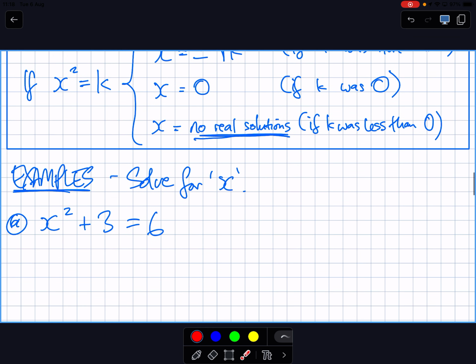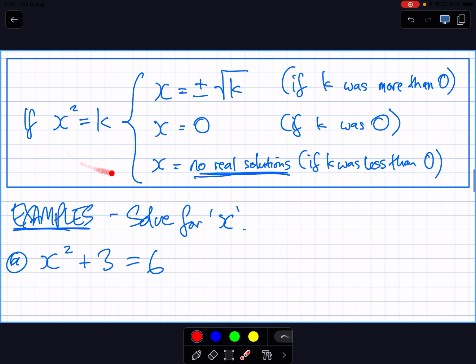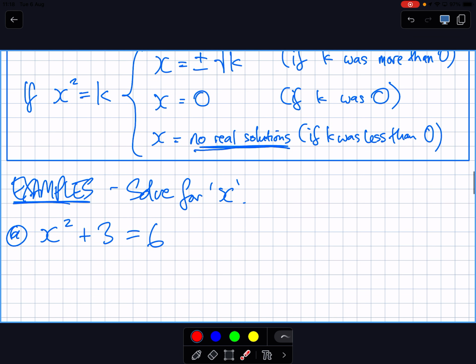Alright, let's demonstrate this. Solve for x. We're going to look back at this little flowchart. Right now, does this problem look like x squared is equal to something? It could be. Right now it's x squared plus something is equal to something. What could I do with this plus 3 to get rid of it?